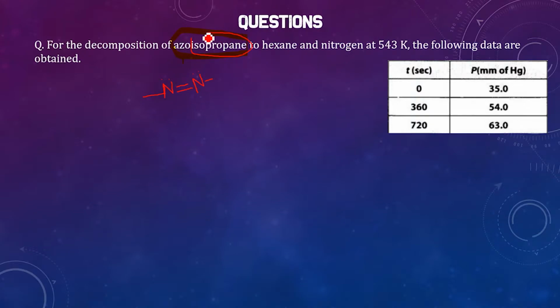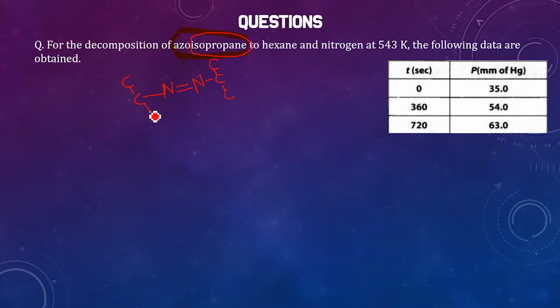Isopropane means that if it is attached to any group, it is attached through the second carbon. Propane is just these 3 carbons. Let me attach the second carbon with the nitrogen, which will give you the isopropane. Both sides we do the same thing. So here we got the azoisopropane.